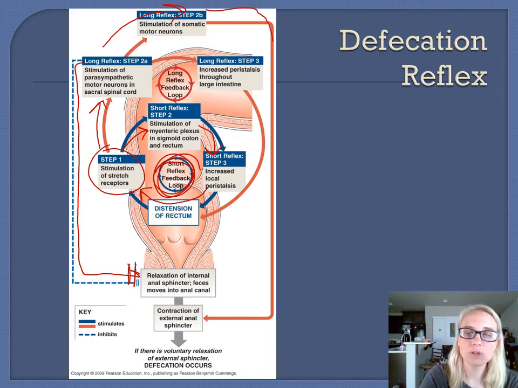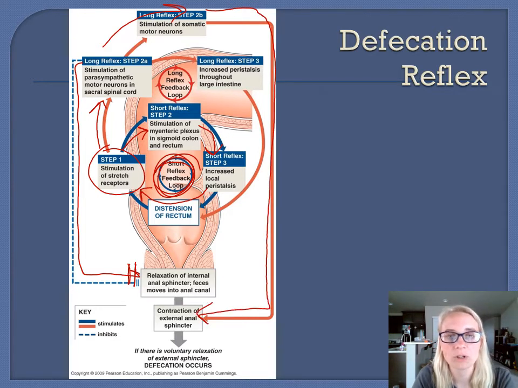So now we are going to do the somatic control of your external anal sphincter. That gives you control over defecation. Now in babies, they don't have this descending path yet, so they cannot control it. That's why they wear diapers. As you age, elderly and senile individuals may also lose the ability to contract their external anal sphincter, and so they lose control.